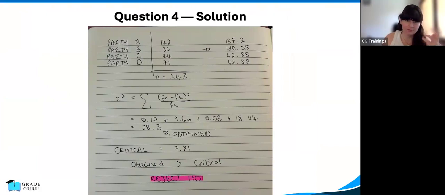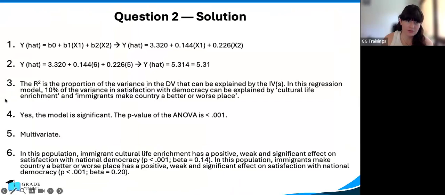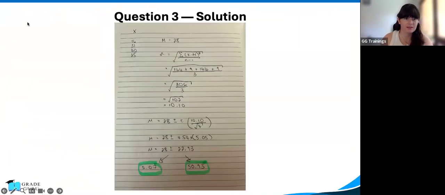So basically your H1 is when you say that it is not true, because your H0 is the expectation based on previous research. Hold on, let me just exit this for a second.